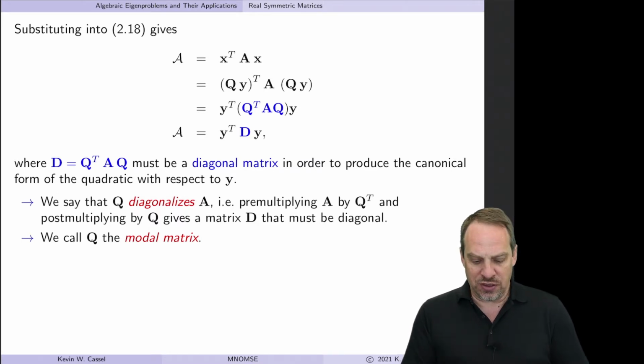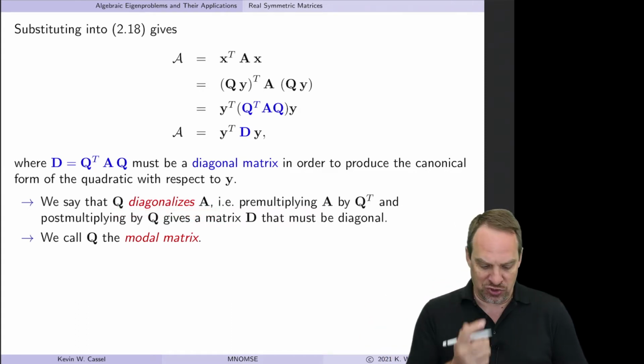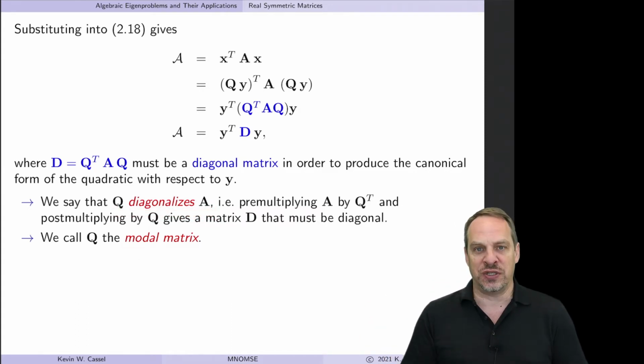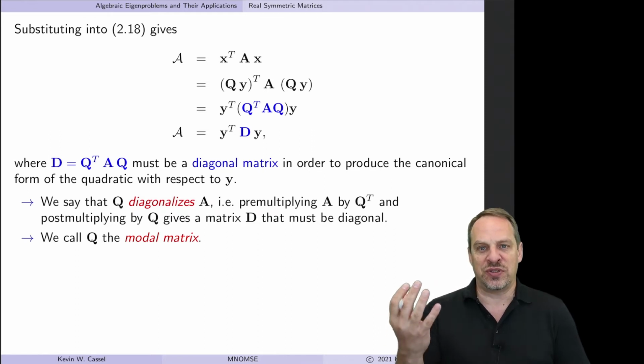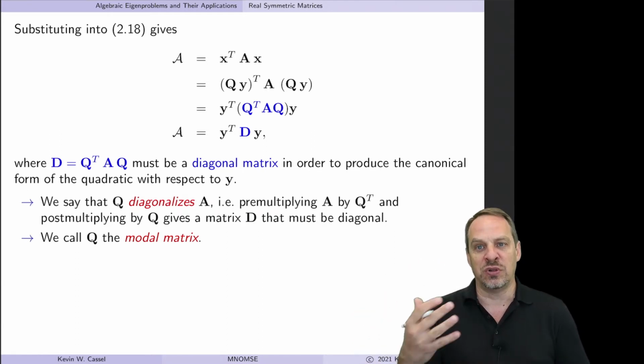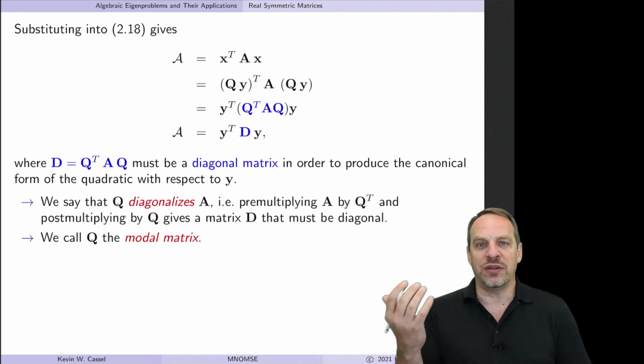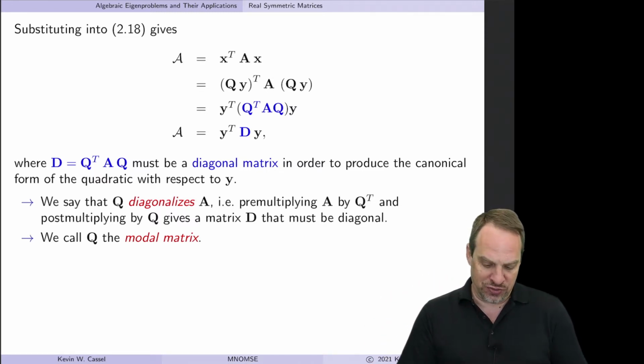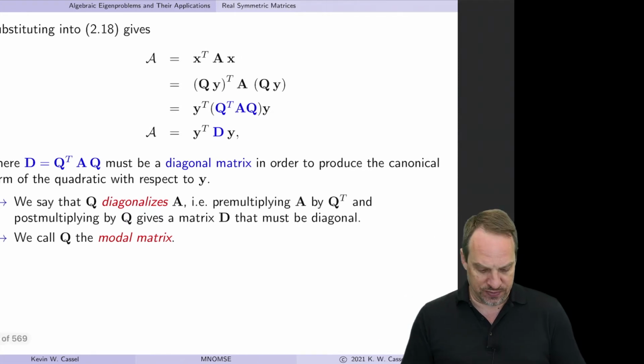But I do know that there is such a Q, that Q transpose times A times Q will produce a diagonal matrix D. All right, so we say that Q diagonalizes A. Q is the matrix. We'll call it the modal matrix for reasons you'll see in a later video. The modal matrix is such that it diagonalizes A. It takes the original A, which is a full real symmetric matrix, and converts it into a diagonal matrix D.